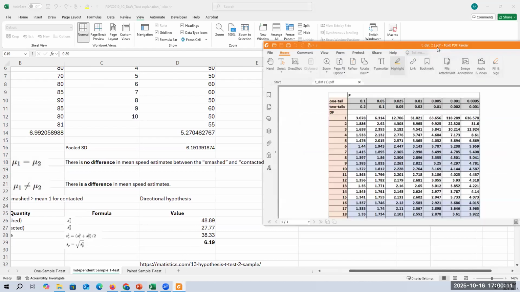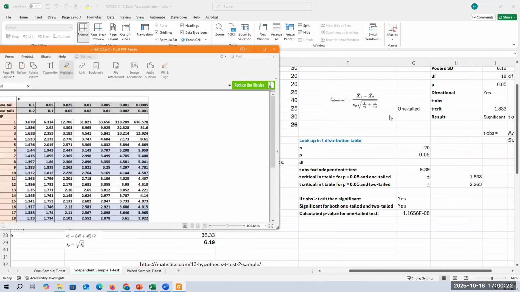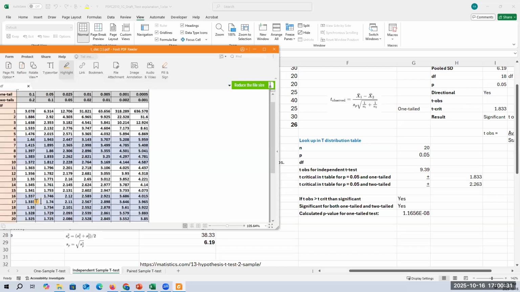So one-tailed, we have here, let's assume, 0.05, right? And you have a degrees of freedom of 18, and it is 0.05. So it should be 1.734.